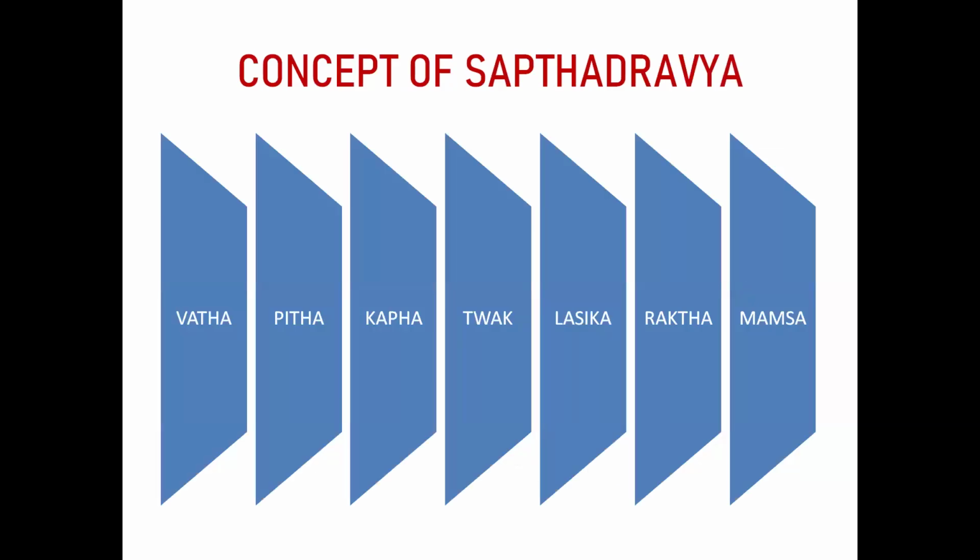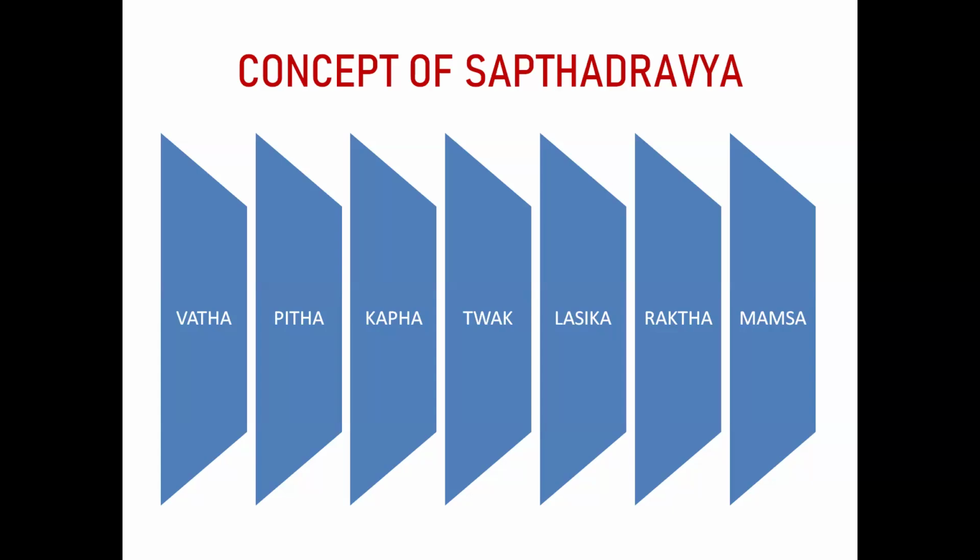Basically, while we discuss the cutaneous manifestations, we can see the concept of Saptadravya along with the Tridosha: Twak, Lasika, Rakta, and Mamsa are the involved factors in certain types of skin diseases. For example, in Kushta, Visarpa, and Shvitra, we can see the involvement of Saptadravyas, while in Kshudra Rogas and the Udarda manifestations, meaning Kotha, Utkotha, Udarda, etc., we can't see the involvement of Saptadravyas.